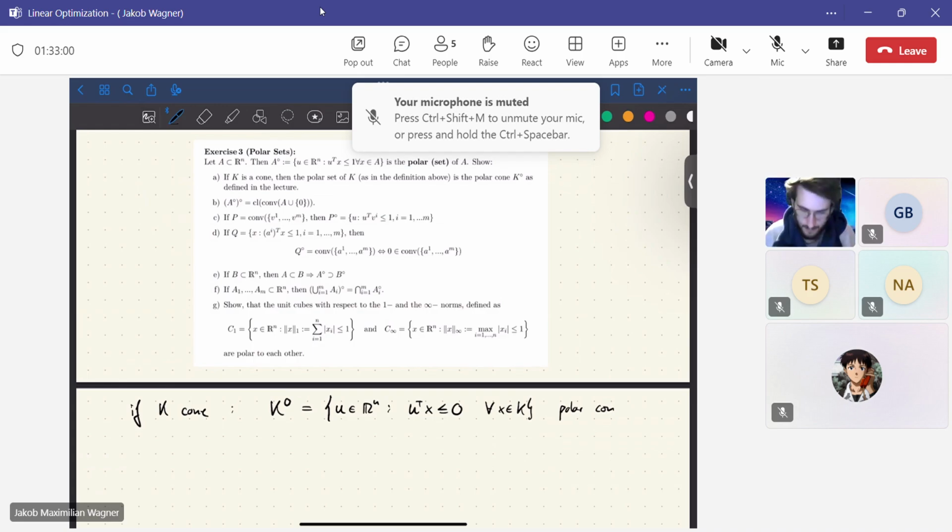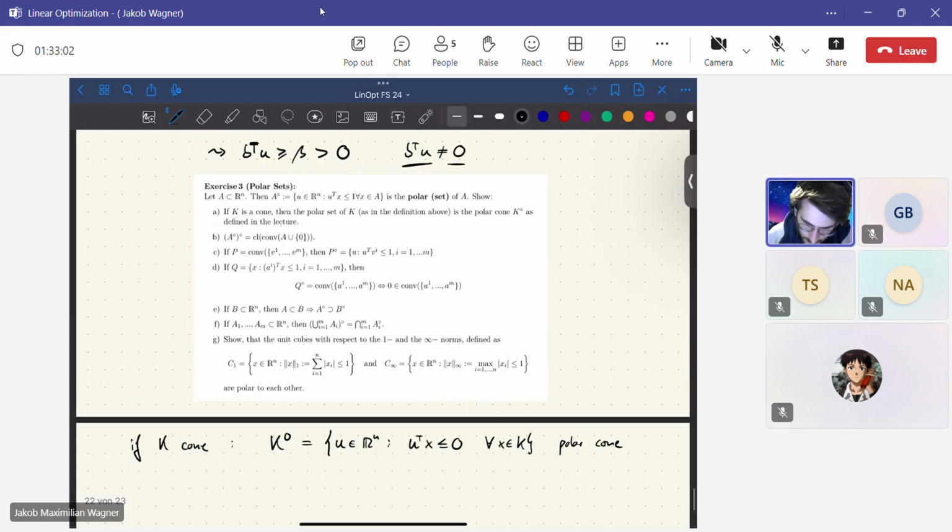And in this exercise, we will have a look at a more general definition of polarity, because you can do this construction also for general convex sets. And there you do the following construction.